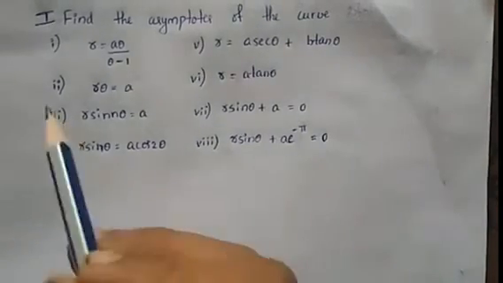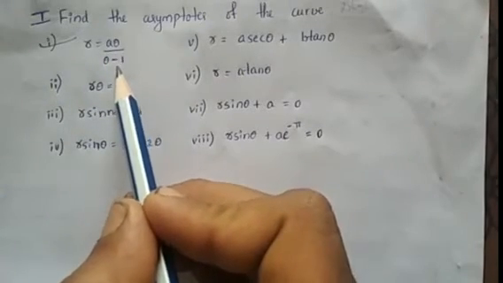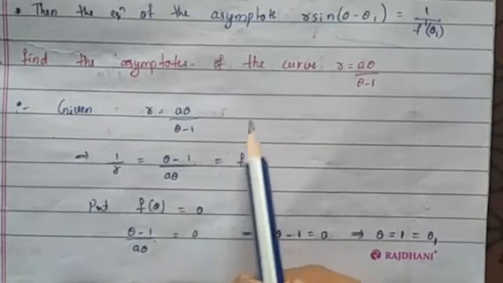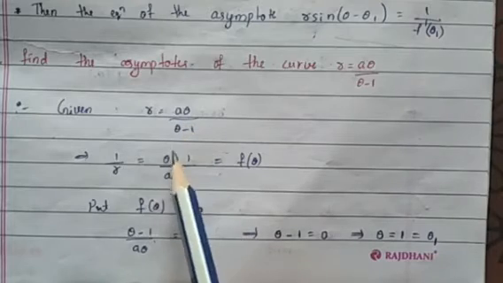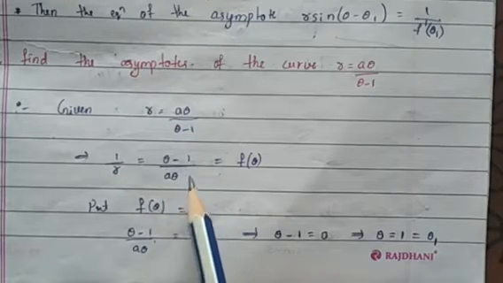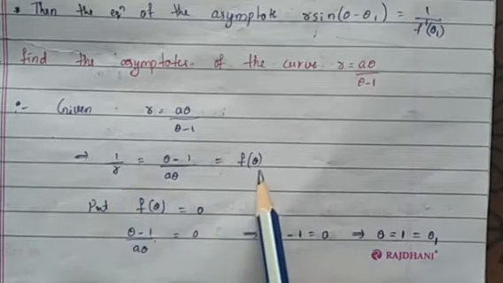The first problem is: find the asymptotes of the curve r is equal to a theta by theta minus 1. First, given r is equal to a theta by theta minus 1, you take the reciprocal. You get 1 by r is equal to theta minus 1 by a theta, which you define as 1 by r is equal to f of theta.